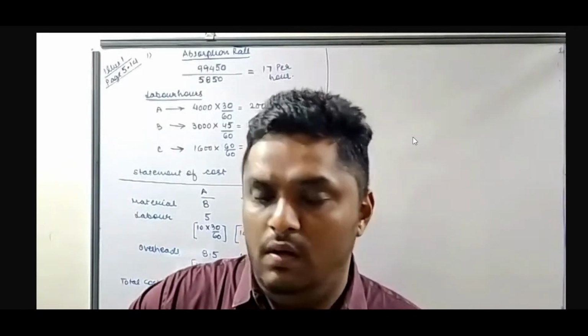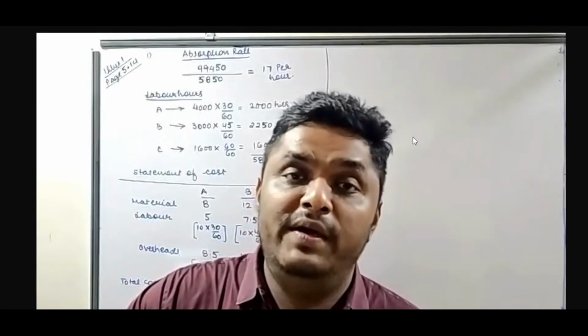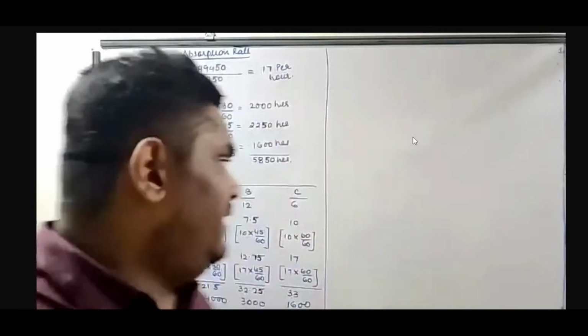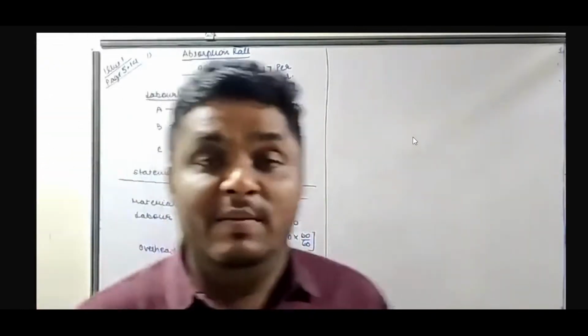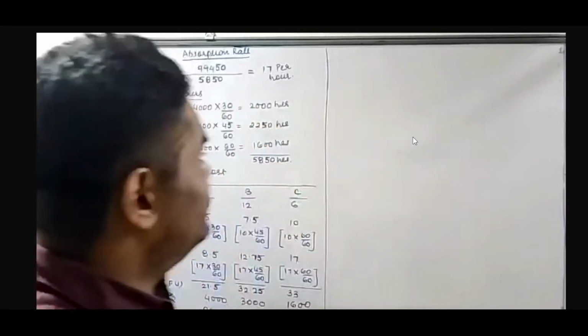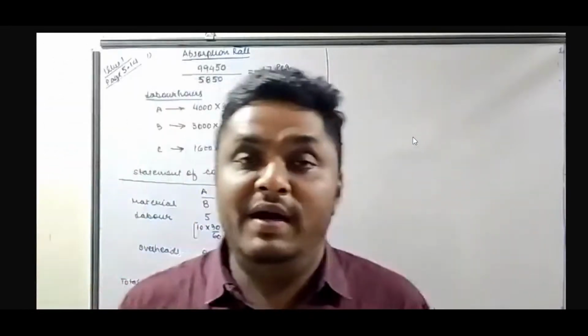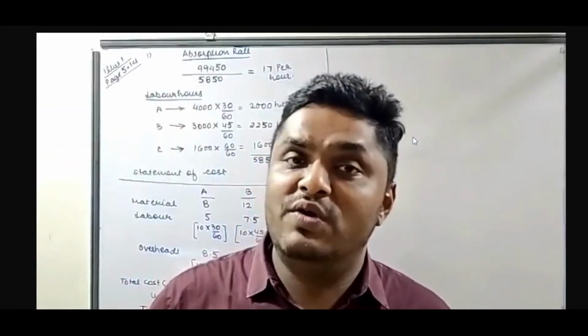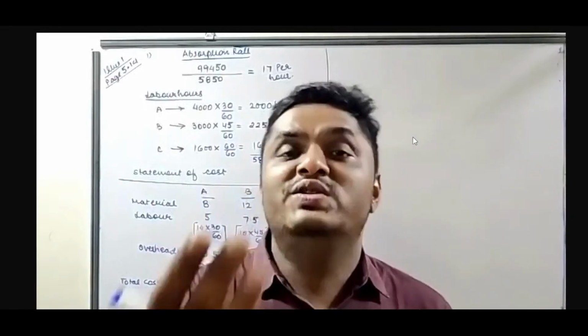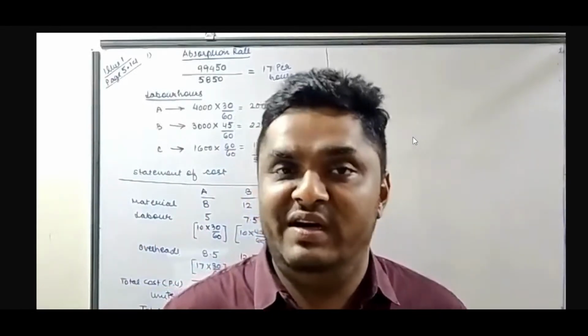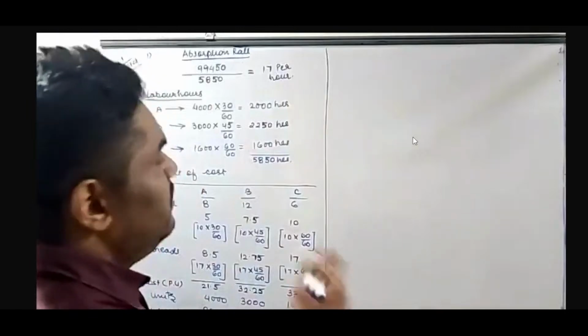So now we have to prepare this cost statement as per activity-based costing. But in the first part, there is only one absorption rate, whereas in activity-based costing, since there are three activities, we have to calculate three absorption rates. So again, let's calculate.